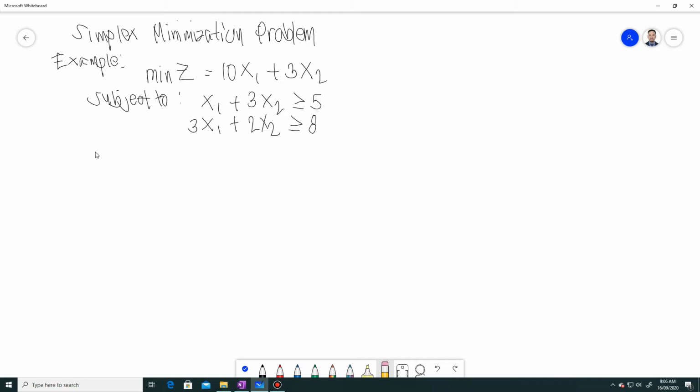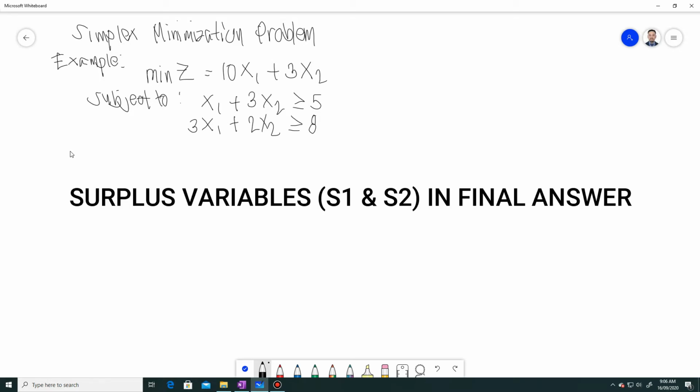First, we transform the objective function by adding artificial non-negative variables and slack variables. So this is the objective function.